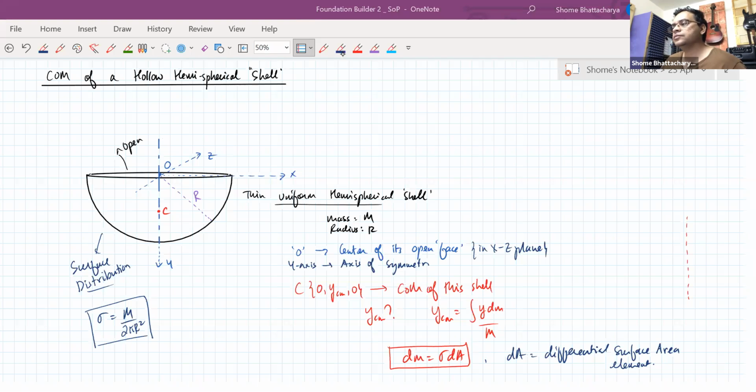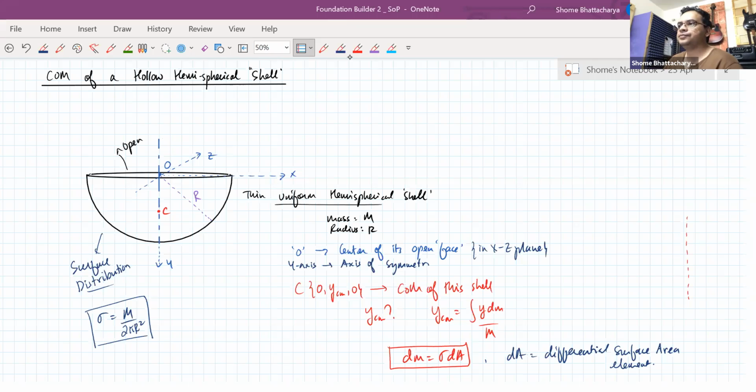Because it's a crust. Only thing is, this is how it is different than the other area distributions we had taken, like semi-disc or triangular. Those were what are called laminar areas. Laminar area means the area is lying on a two-dimensional plane. And this is non-laminar because it's curved into a surface. It's not lying on a two-dimensional plane. But it is still a surface distribution. It's not a volume distribution because it's a thin crust. You understood, Harsh? Yes, sir.